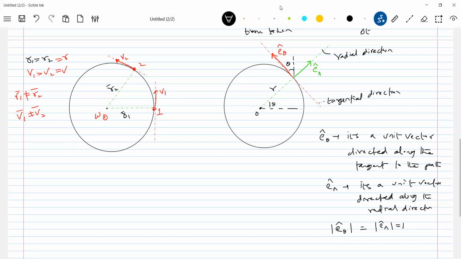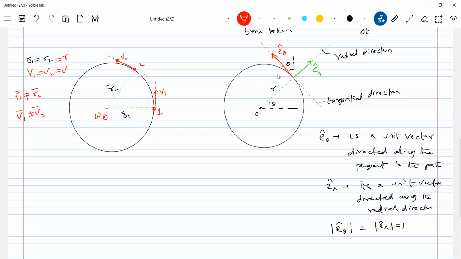Only the direction changes, the magnitude remains the same, so the magnitudes V1 equal V2. But the velocity vectors should be different, because the directions at 1 and 2 are different, if you think in terms of unit vectors.